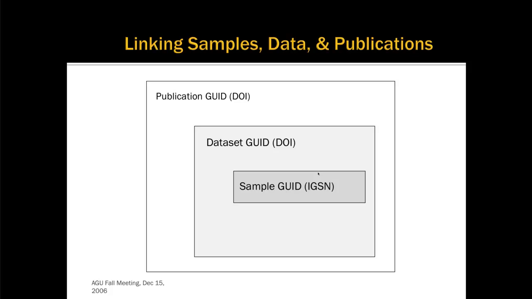Now, if the data set DOI itself is linked to the IGSNs of the samples that have data in this data set, it will in the future be possible to actually search across the literature by an IGSN and find all the data for a particular sample in distributed publications.